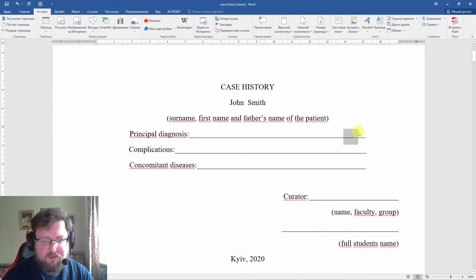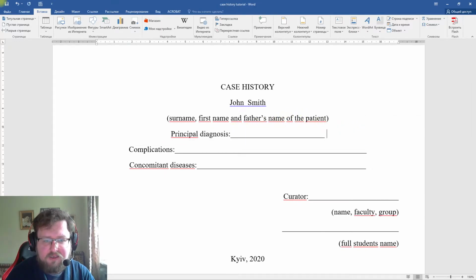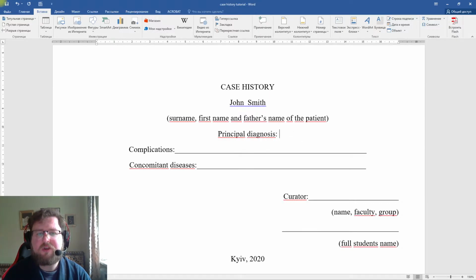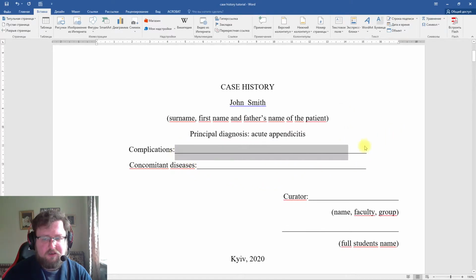Principal diagnosis. As we are writing an academic case history of a surgical patient, we're going to talk about one of the most common surgical diseases in a surgical clinic, which is acute appendicitis. So, that's what we write in this line, the principal diagnosis: acute appendicitis. Complications.